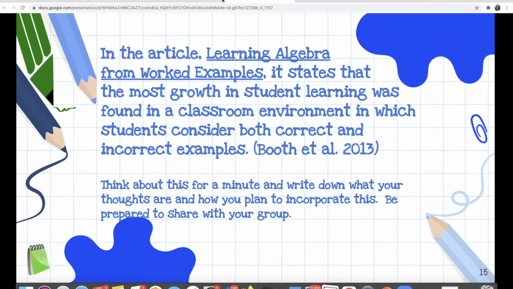When I think about worked examples, I think about the students' understanding that they're going to have. The big thing that hit me in this article was that one strategy to correct students' misunderstanding is combining the use of worked examples in the classroom with students' self-explanations. So making sure that is a big part of it, making sense of that new information, the student needs to talk it through.